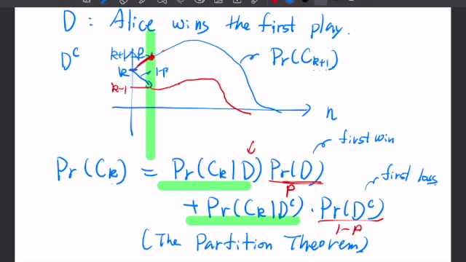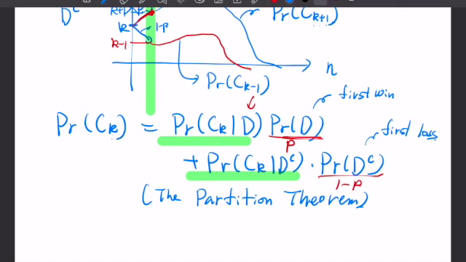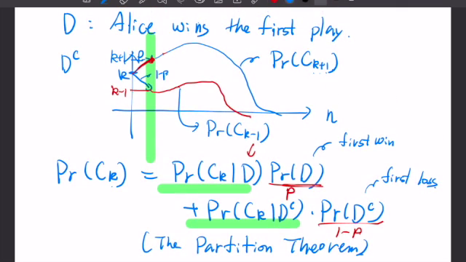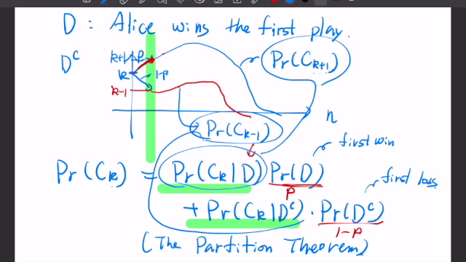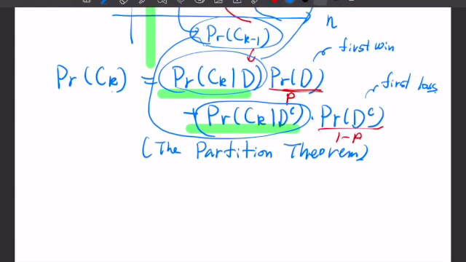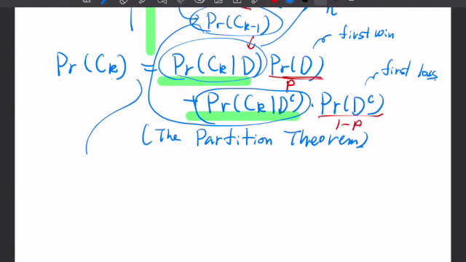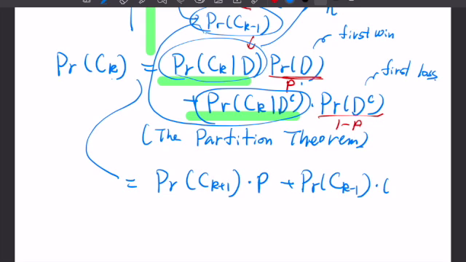And similarly, this will be the probability of ruin starting from k minus $1. So this probability is this, and this probability is this. Therefore, this is the probability c_{k+1} times p, and the probability c_{k-1} times 1 minus p.